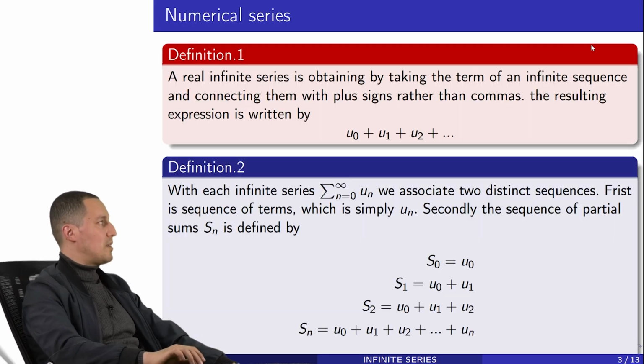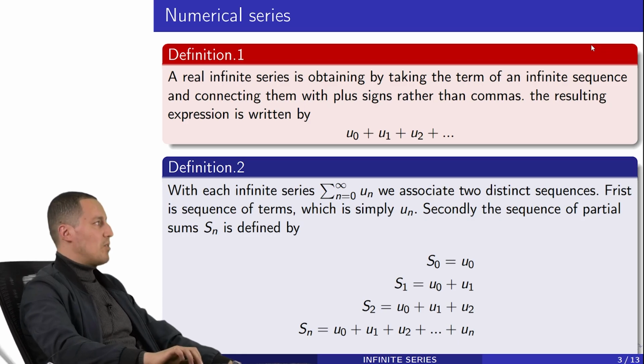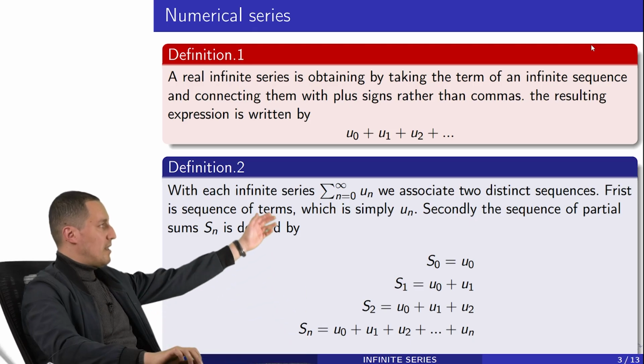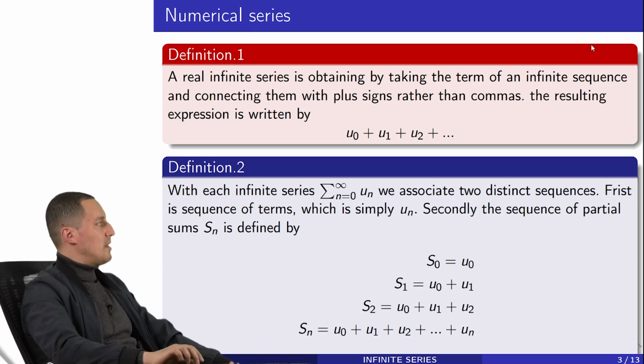We'll show you the first definition of the infinite series: the sum of consecutive real numbers respecting some organized way. So we have here the sum of real numbers. The infinite series relates to two distinct sequences. The first one is the partial sums.